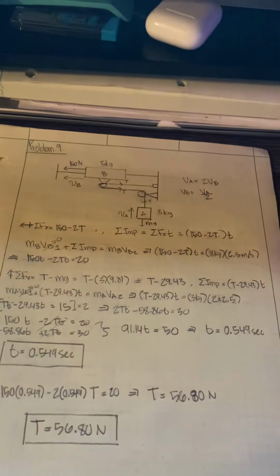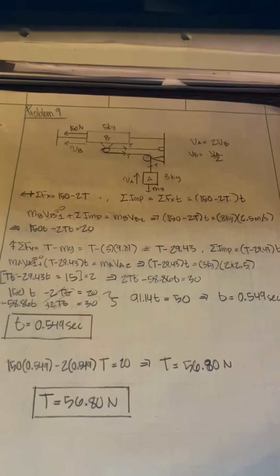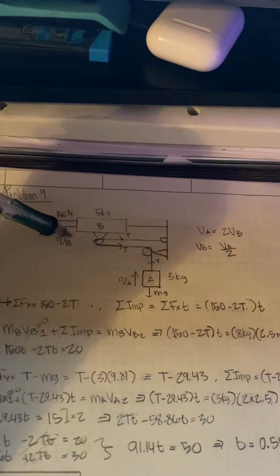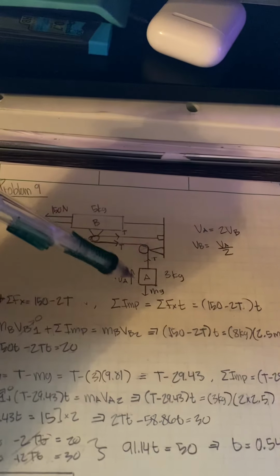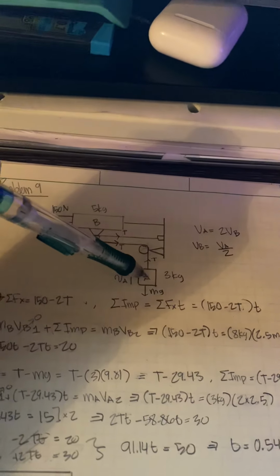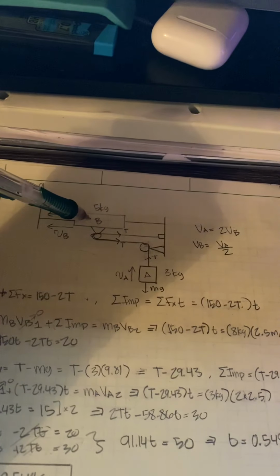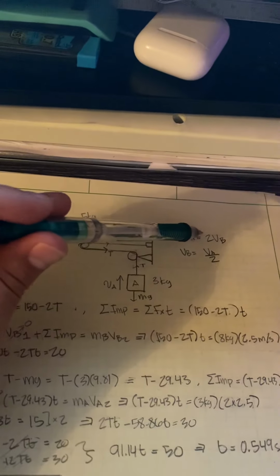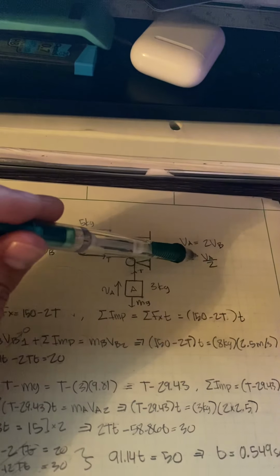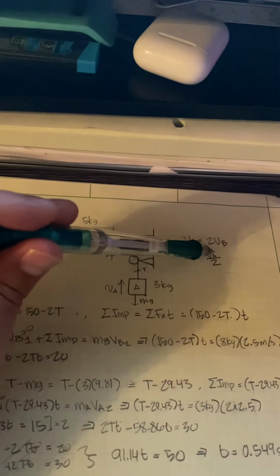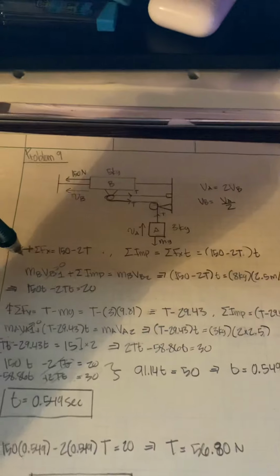All right, this one we're given a system, this system right here. Just from looking at it, we can see that the velocity of the cube at A is 2 times the velocity at point B. And by doing that, we know that the velocity at B is half of the velocity at A. So same thing as the last problem.